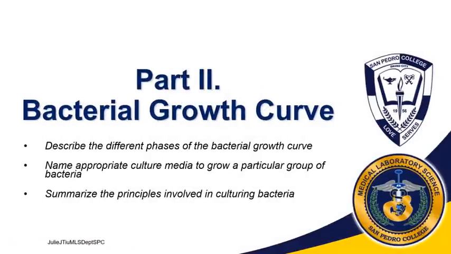We go to the next topic, which is on bacterial growth curve. At the end of this lecture, I hope each student is able to describe the different phases of the bacterial growth curve. There are 4 of them. Name appropriate culture media to grow a particular group of bacteria, and summarize the principles involved in culturing bacteria.